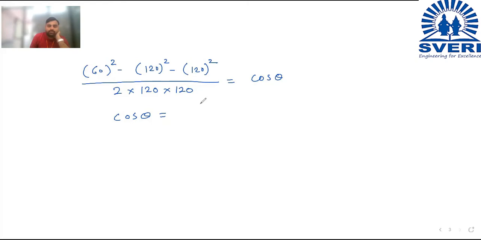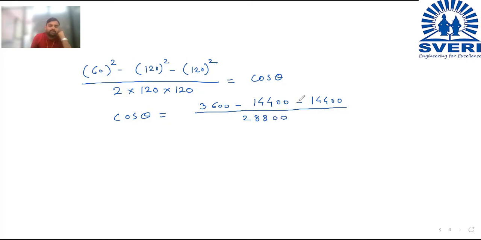Solve it. So 60 square is 3600, minus 120 square, 12 square is 144, so 14400, minus again 14400, divided by 120 into 120, which again is 14400, into 2, so 28800.